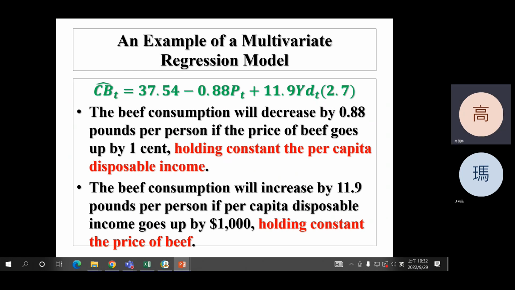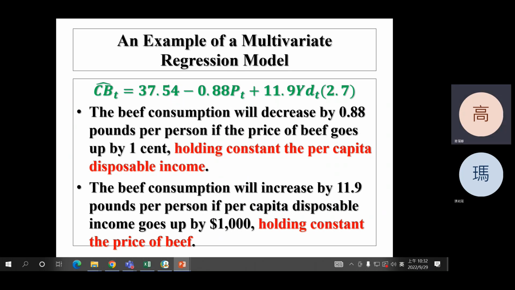Okay, so the beef consumption will decrease by 0.88 pounds, since the measurement unit of CB is in pounds. Consumption of the beef in pounds, right? So the beef consumption will decrease by 0.88 pounds per person if the price of beef goes up by 1 cent, since the price of beef is measured in cents.